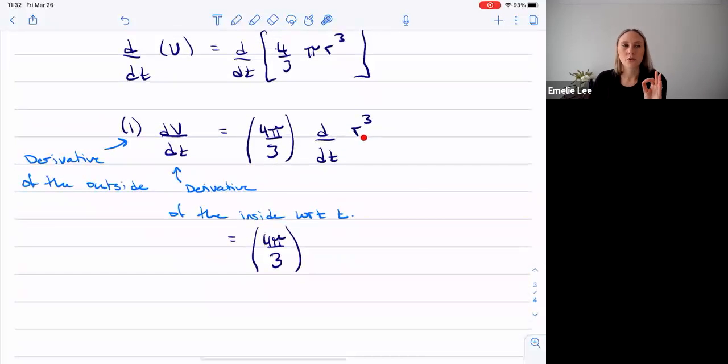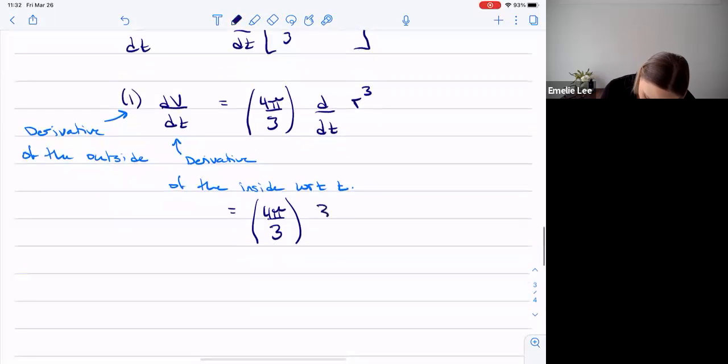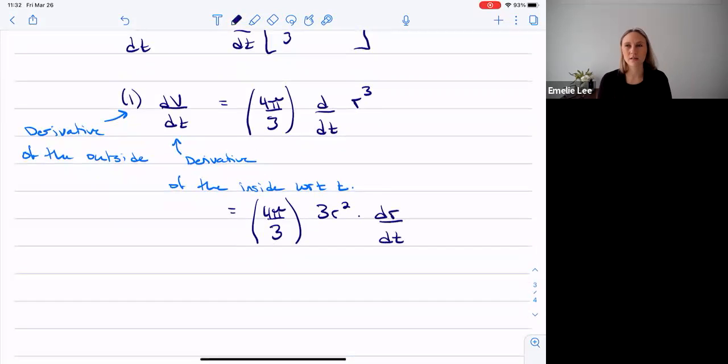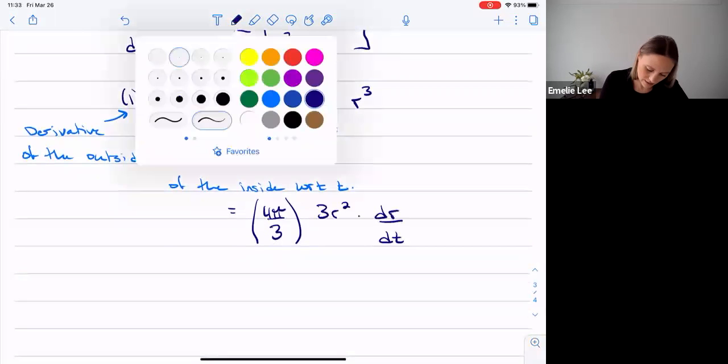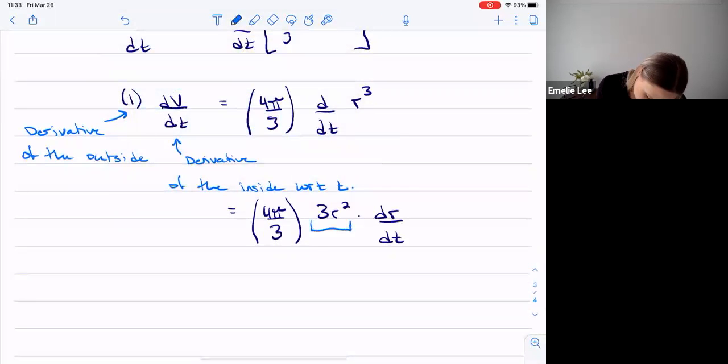Again, the derivative of the outside is 3r squared, and then the derivative of the inside with respect to t is where we get that dr/dt. So this becomes 3r squared times dr/dt. Here's the outside, here's the inside.